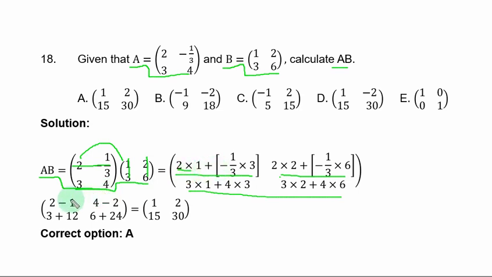Then plus minus is minus. 1 over 3 times 3 is 3 over 3, and that is 1. So you have minus 1. If you evaluate this, you have this result. If you evaluate the second row, you have this result. If you subtract and add, you have the matrix with the entries 1, 2, first row, second row, 15, 30. The correct option is A.